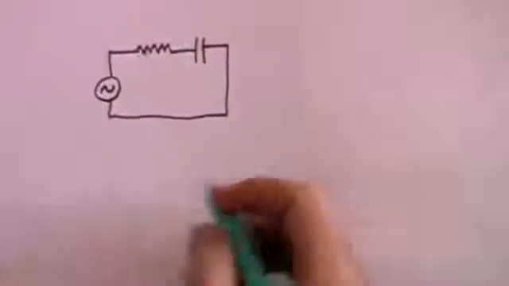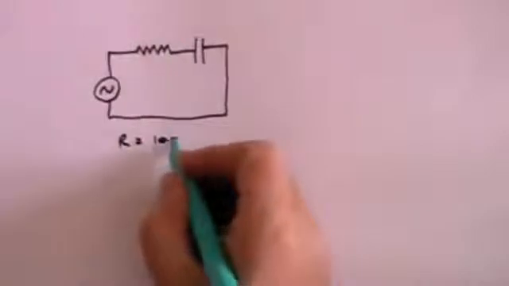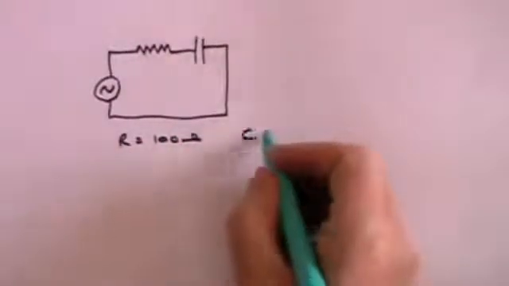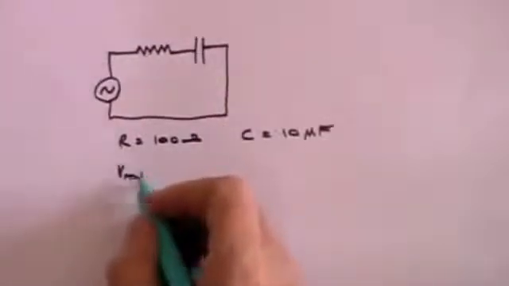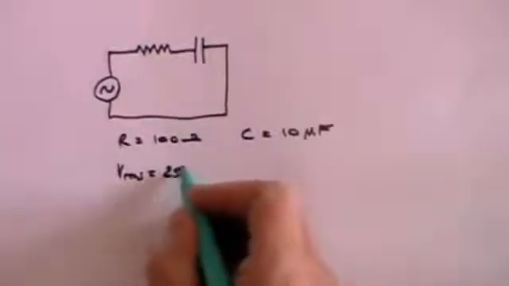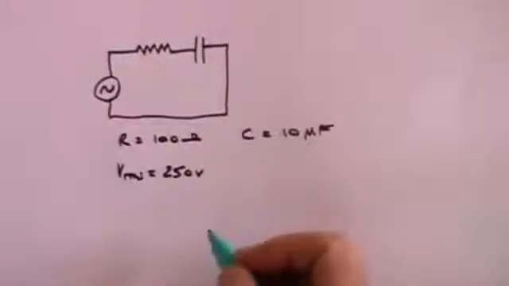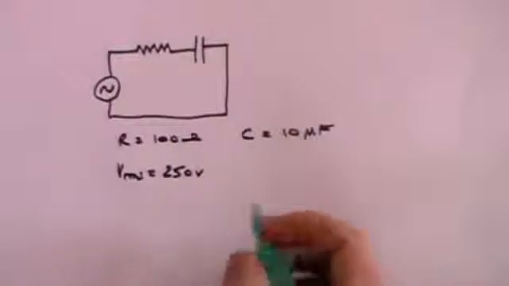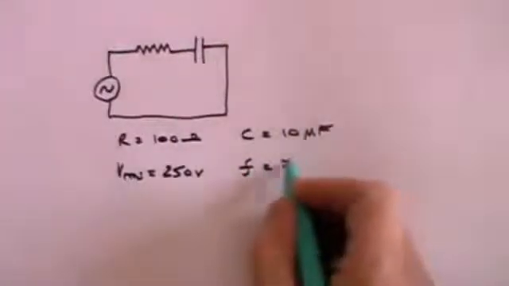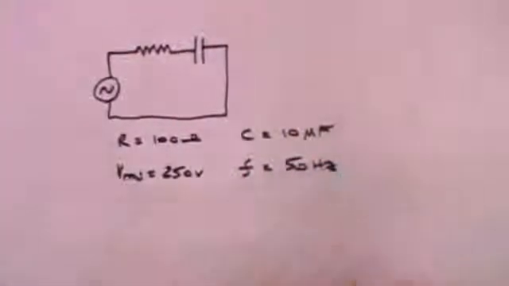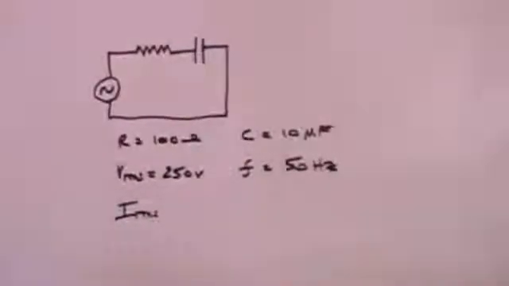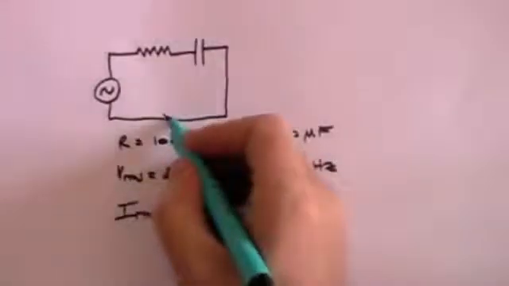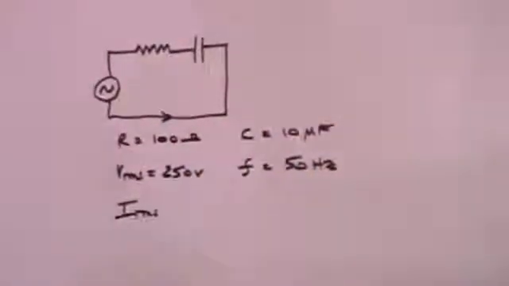The resistance is 100 ohms, the capacitor is 10 microfarads, the VRMS is 250 volts, which is broadly the United Kingdom power supply that comes from the wall. The frequency in the United Kingdom is 50 hertz. And what we want to know is what is the root mean square current that is flowing in the circuit.